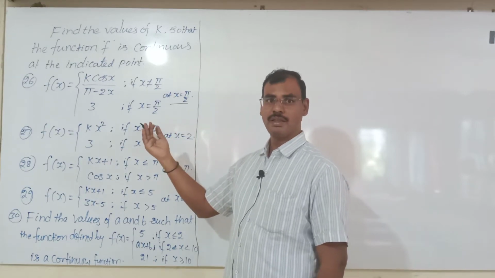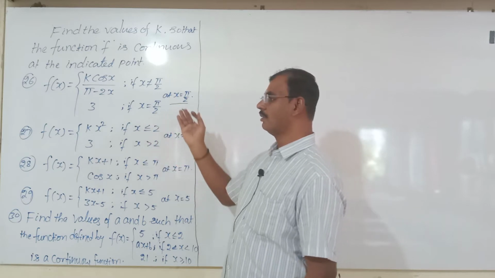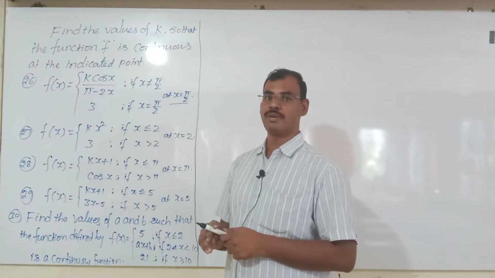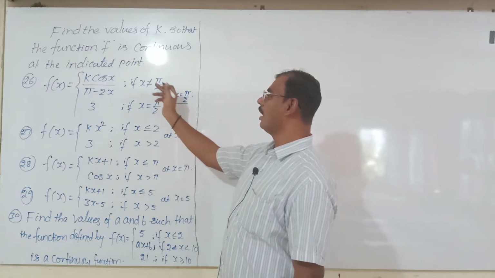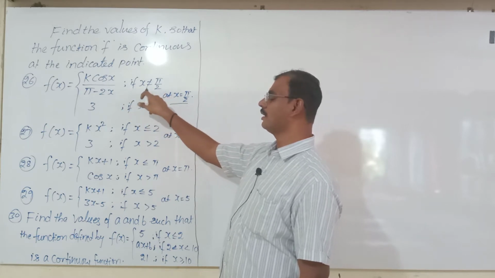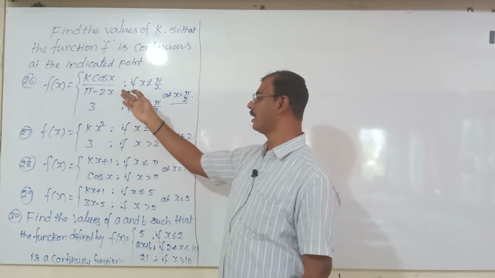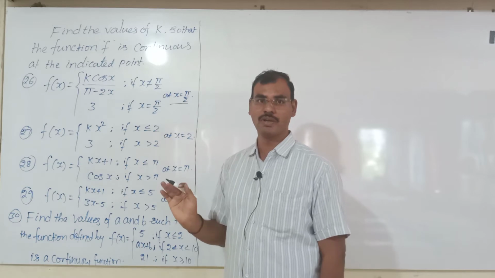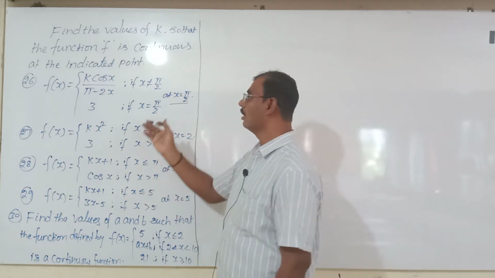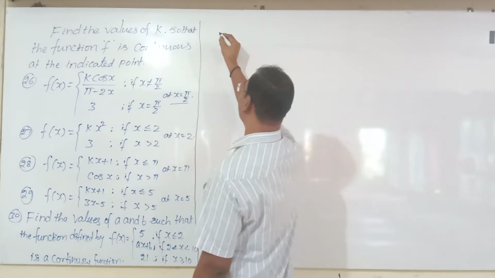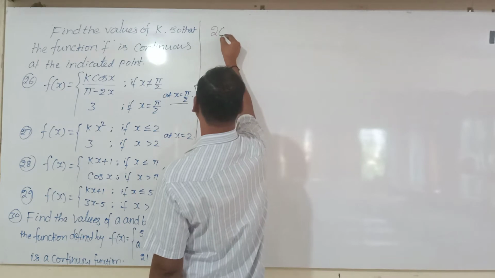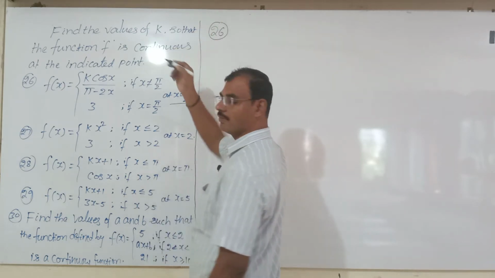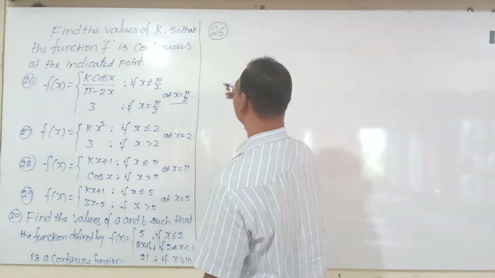That is, left hand limit is equal to right hand limit is equal to f of a. Then we have to find the unknown number in the given function. So k, whatever there is, unknown value, lambda like this. Let us see problem number 26. So these are the repeated questions from the theory point of view.